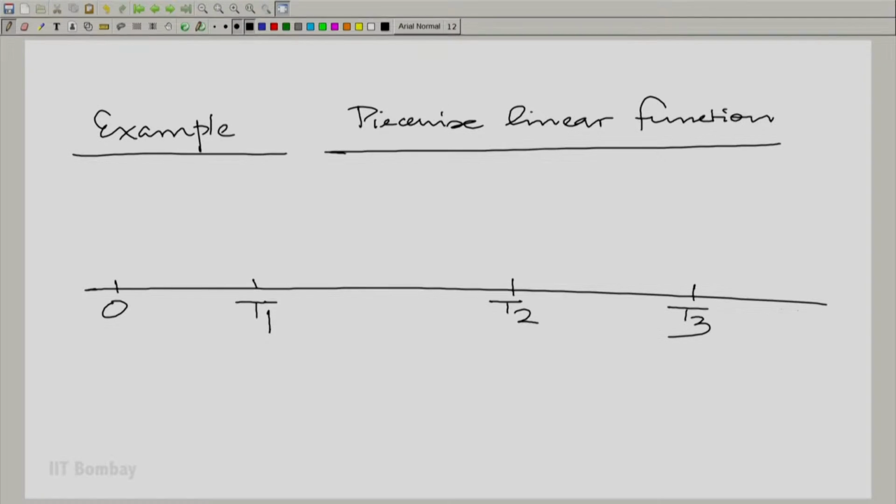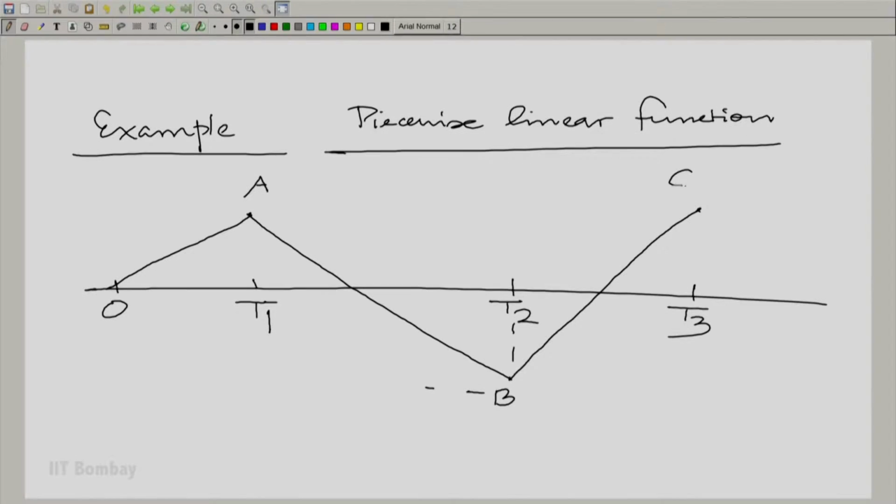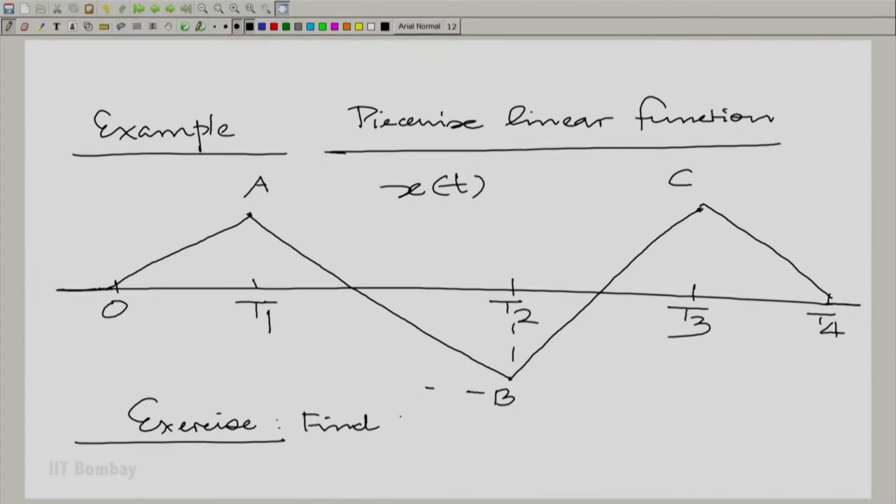Let us say it first rises to a height of a, and then it falls to a value of minus b here, and then rises to c, and maybe at T4 it falls to 0, and it is 0 everywhere else. So, this is the function xt, a piecewise linear function.